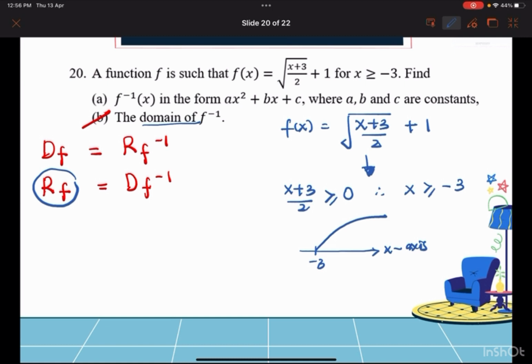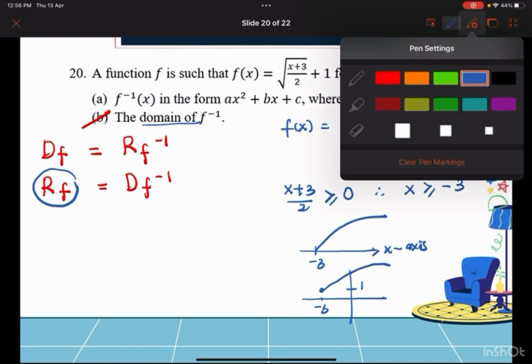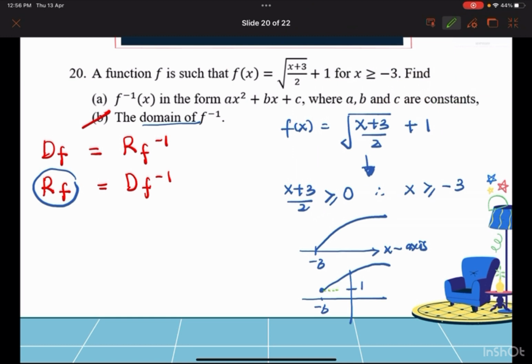However, because plus 1 is added, your curve no longer starts at the x-axis, but is shifted up one unit. So your graph will start at 1, and here is negative 3. It will have this kind of shape. If you notice here, your y value will start at 1 and increase to infinity.